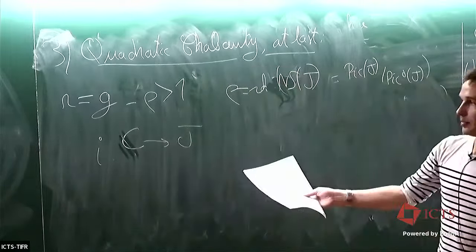So this is really the degree. So I have something that's a Z-module of rank rho going into something of rank 1.